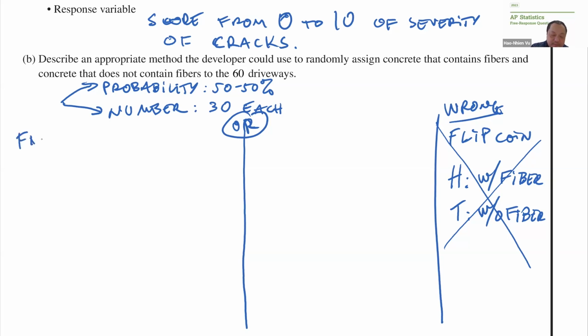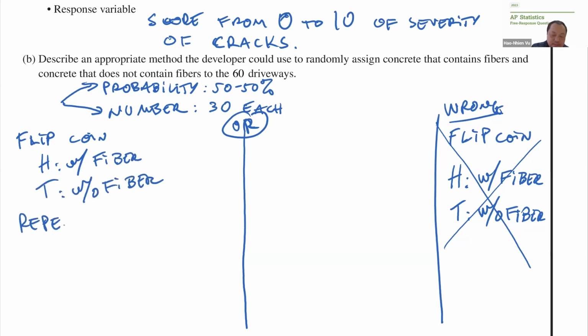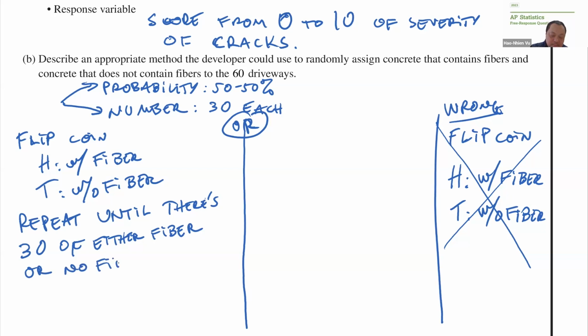Flip a coin. Repeat, but instead of just repeating all the way, you repeat until there's 30 of something. Then the rest get the other.